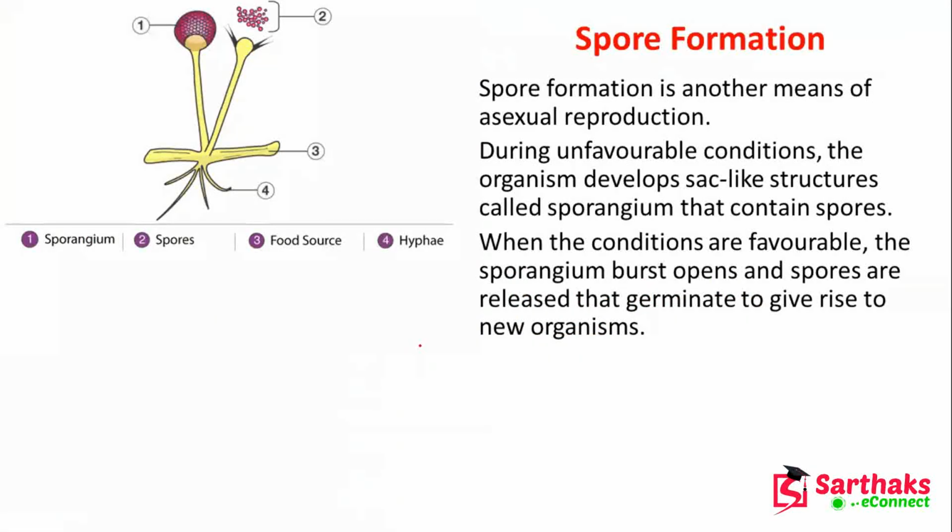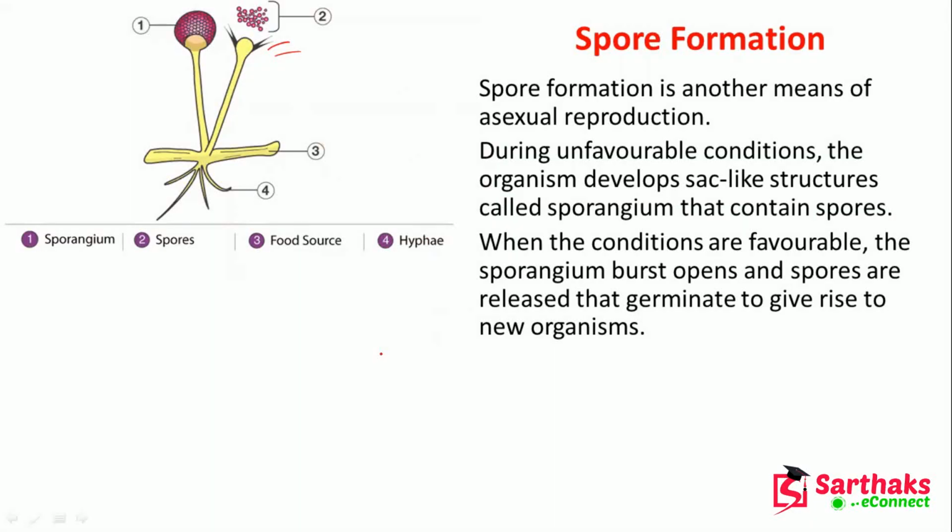Now, spore formation. This is another method of asexual reproduction. Here in spore formation, you have the spores here, and here.